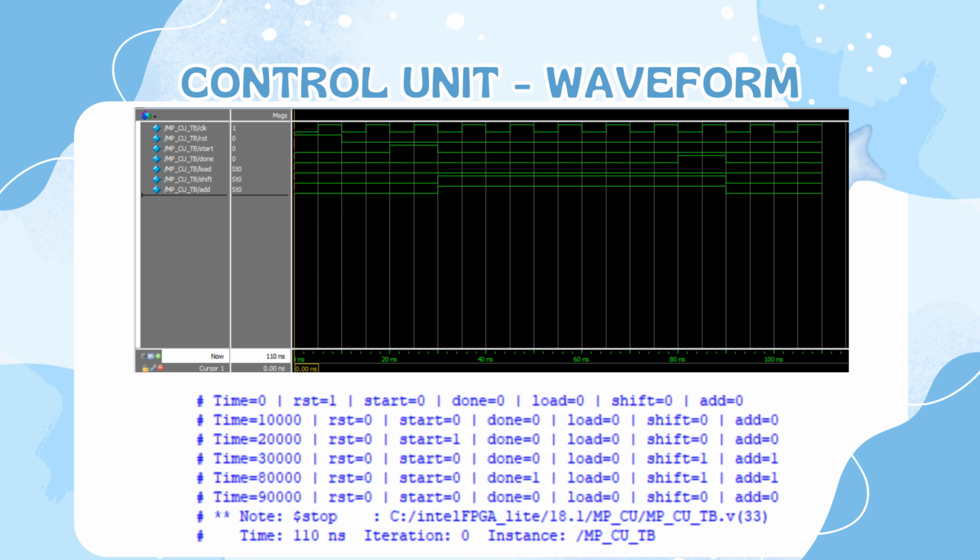This waveform shows the correct sequence of control unit operation: first shift, followed by addition. However, the start signal was not triggered, so the done signal remains low.